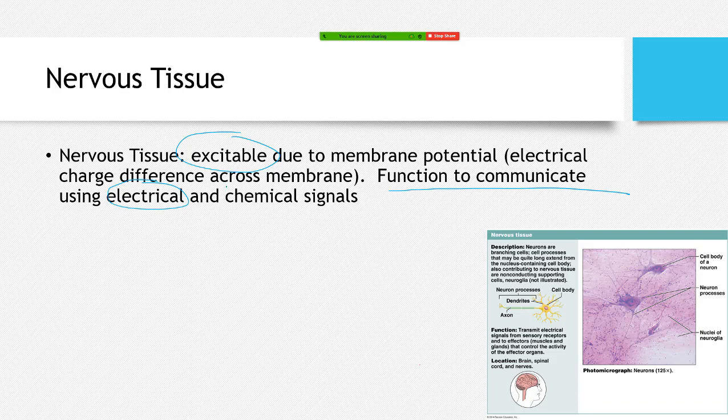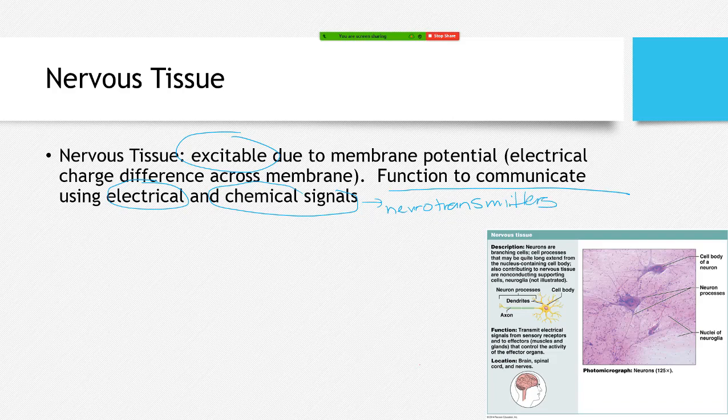That electrical signal works by transmitting that positivity. Once it becomes excited, it transmits that positive charge across the cell itself. And also chemical signals. We'll later learn that these chemical signals are called neurotransmitters.